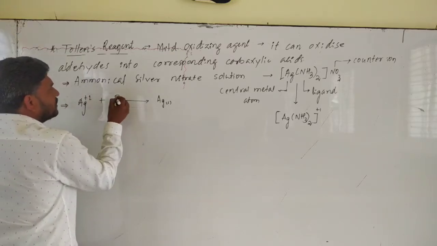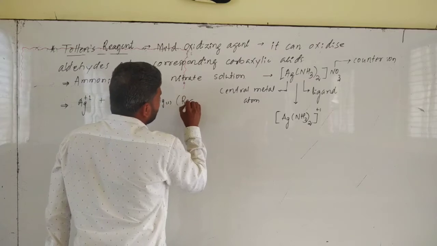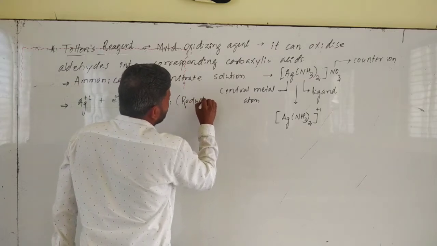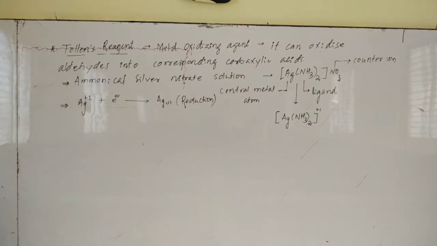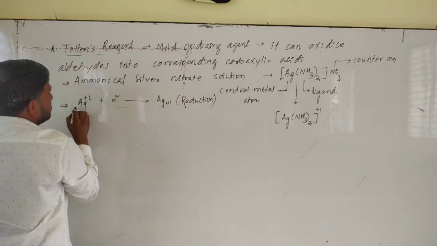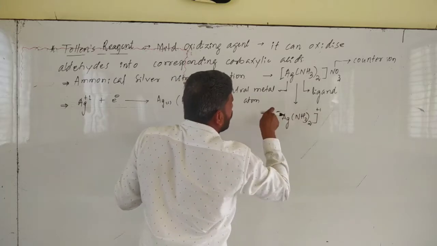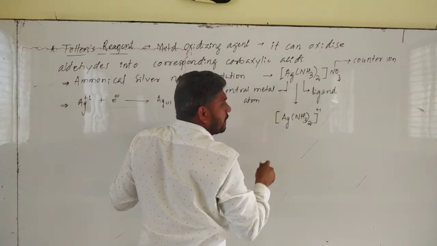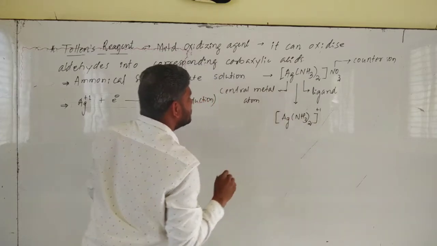See, this gaining of electron is known as reduction. Now, Ag+1 of this Tollens reagent undergoes reduction, means Tollens reagent undergoes reduction by oxidizing another compound, means it acts as an oxidizing agent.